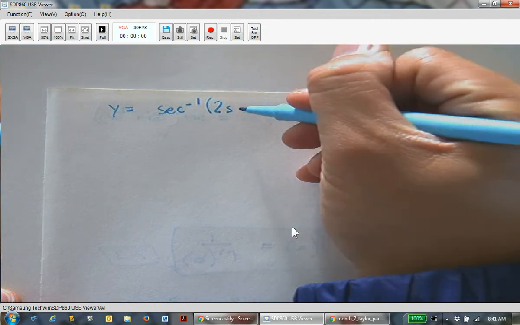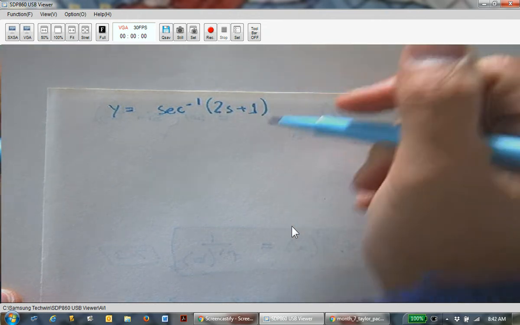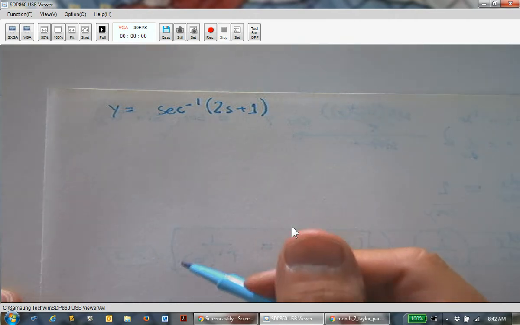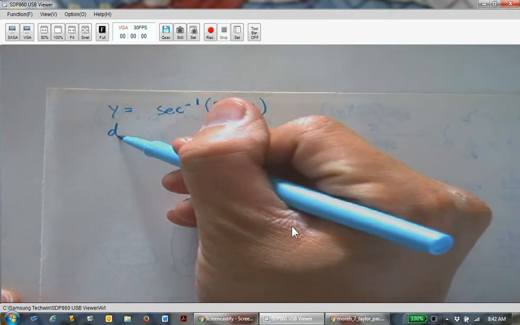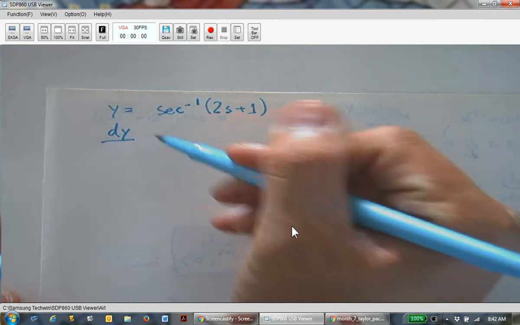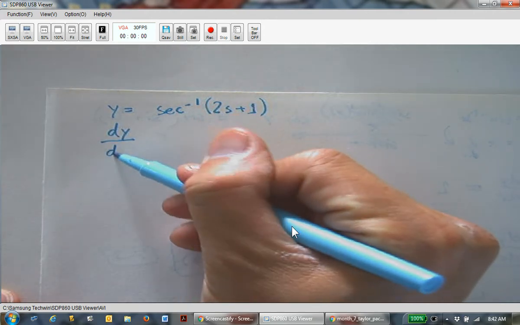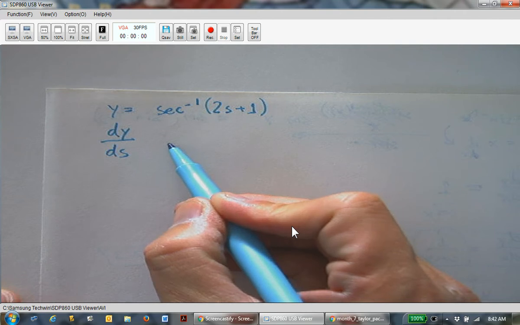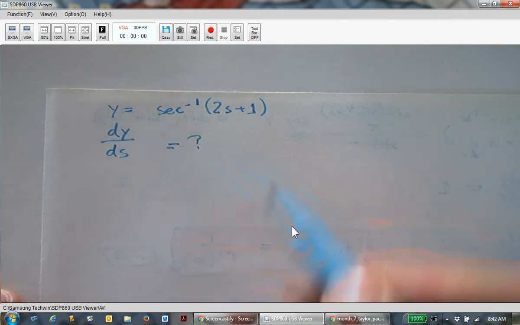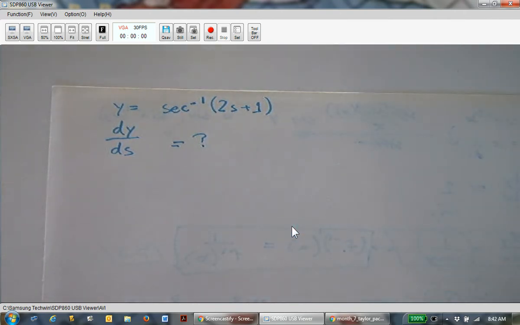Why are we doing this in terms of S? Why not? It's completely arbitrary, my friend. I'm just going to do S. All right, there is your problem. Use your cheat sheet. You may use your cheat sheet.